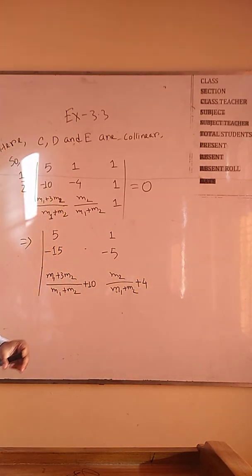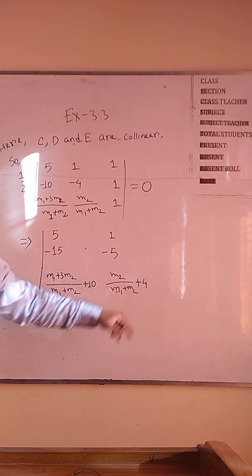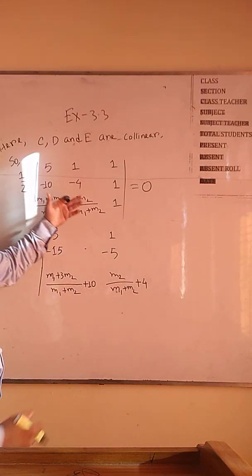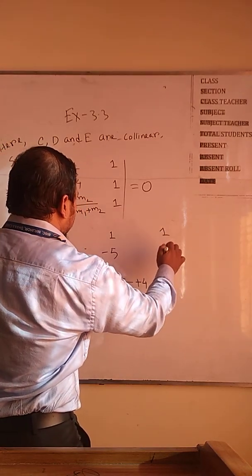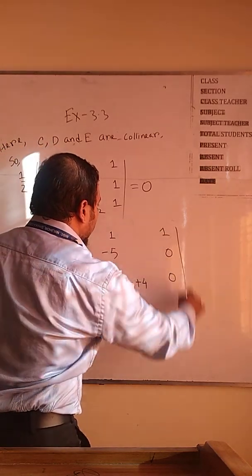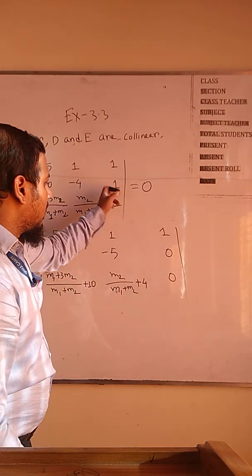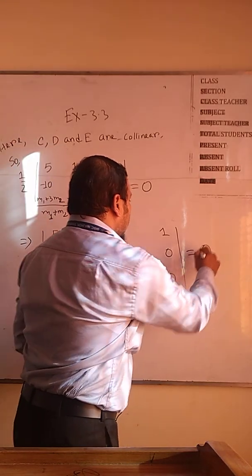So m2 by m1 plus m2 plus 4, and it is 1, 0, 0. Okay, 1 minus 1 is 0, 1 minus 1 is 0, and overall 0.